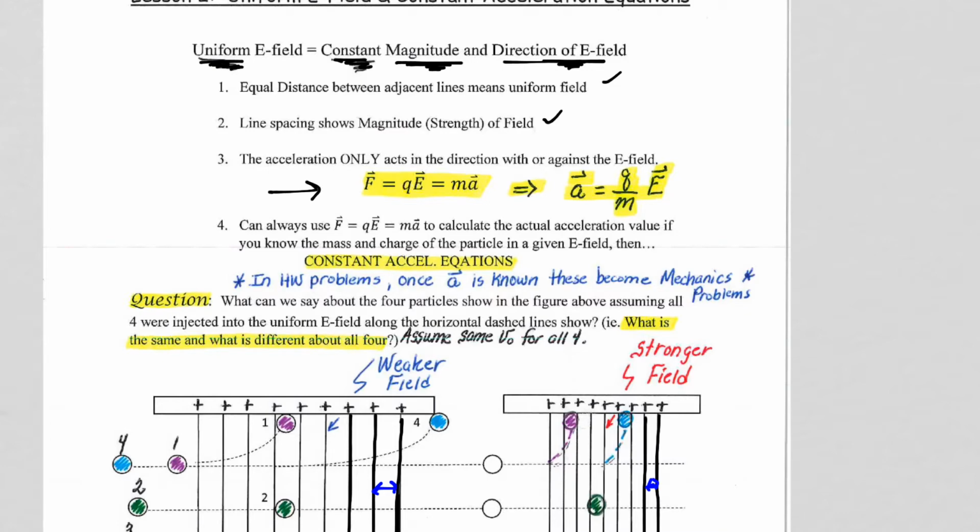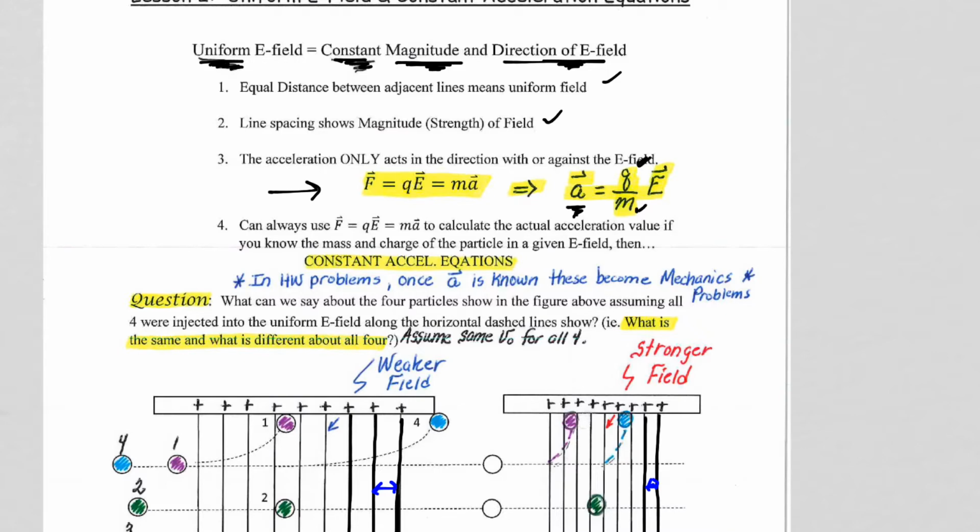So if we rearrange that as it shows here, please get this into your notes: a equals q divided by m times E. This is the acceleration value that a charge, little q, feels in the electric field. Little q is the charge in the electric field, and m is the mass of the charge, which will affect the acceleration.